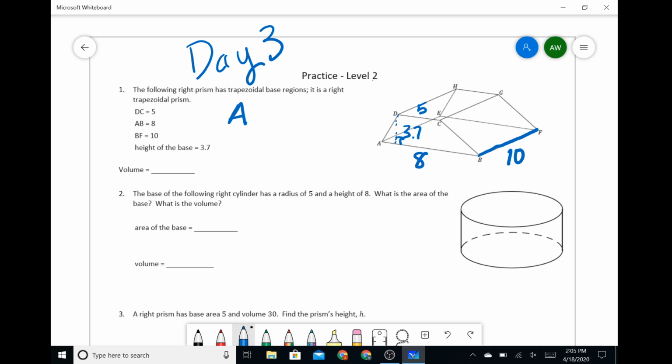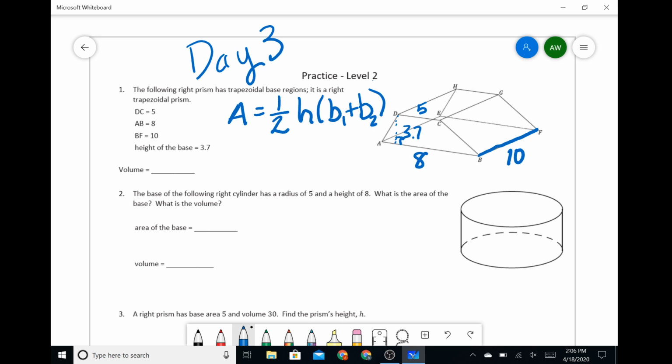Which is a trapezoid. So that's going to be 1/2 of the height times base 1 plus base 2. So once we get that area, then we can multiply it by the height of the entire thing and we can get the volume, right?